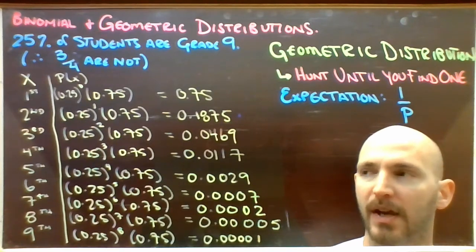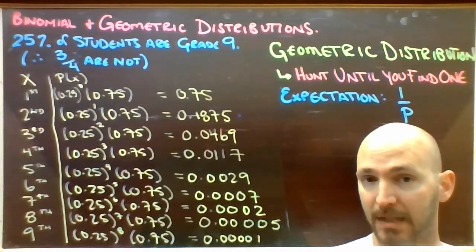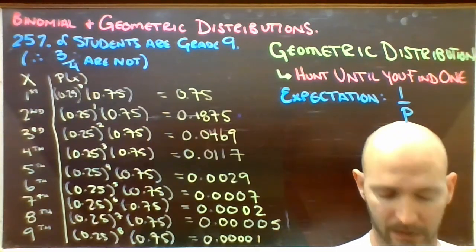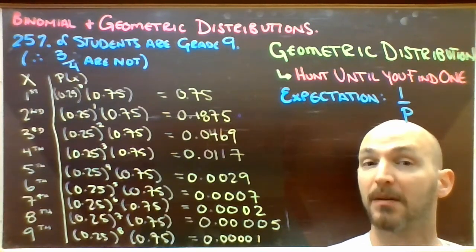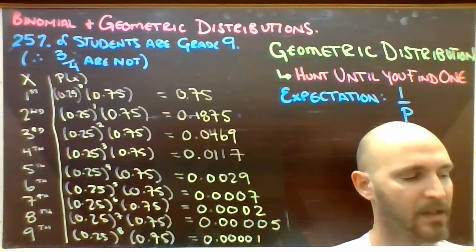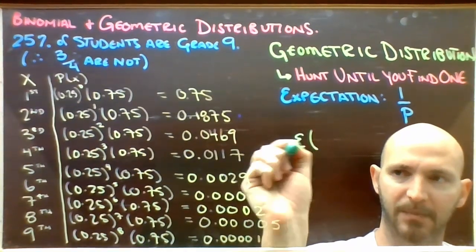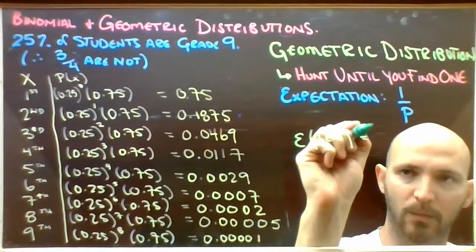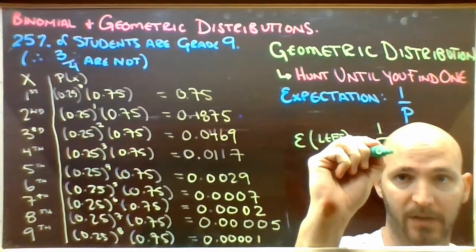So if you were trying to hunt for, let's say, left-handed people, you're going to walk through the room until you find a left-hander. The probability of a person being left-handed is about 15%. So the expectation for a left-hander would be 1 over 15%, 0.15.